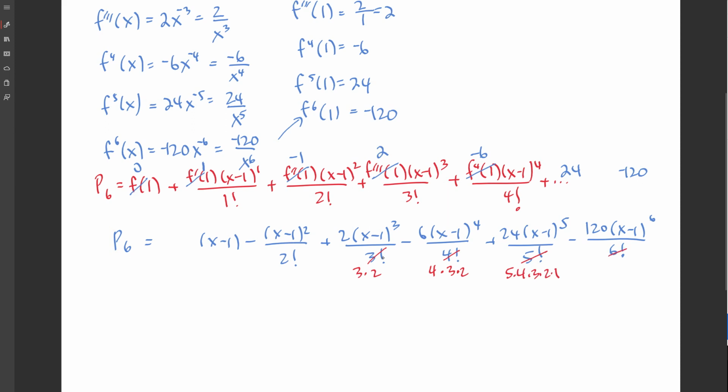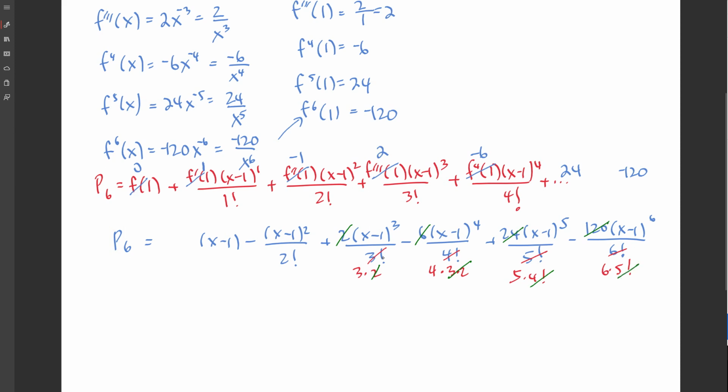And the 6 factorial is really 6 times 5 factorial. This 5 factorial is really 5 times 4 factorial. So it turns out there's some reduction we can do here. 2 divided by 2, 6 divided by 3 factorial, 24 divided by 4 factorial, 120 divided by 5 factorial.